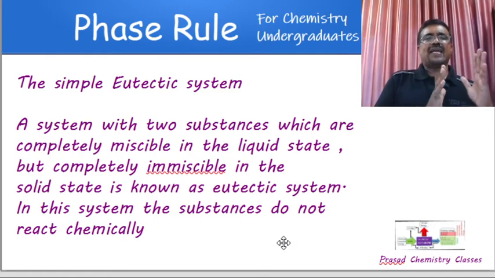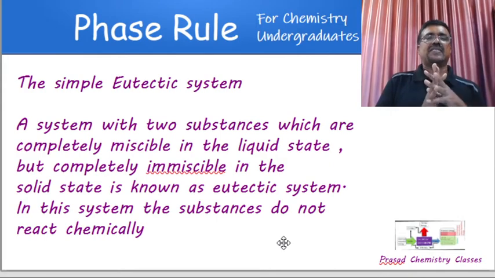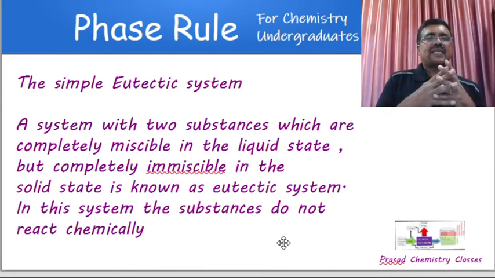So we are considering solids and liquids alone, and among the solids and liquids phases we can have different types of 2 component systems. We can have different eutectic systems, simple eutectic systems. Then we can have systems where the components react. Simple eutectic system means the components do not react and they are completely miscible in the liquid state, but immiscible in the solid state.